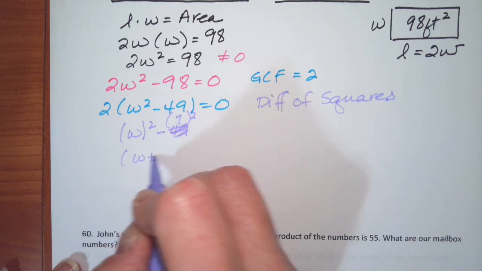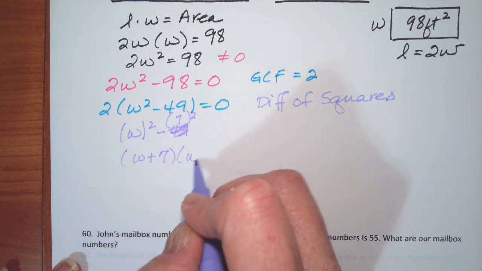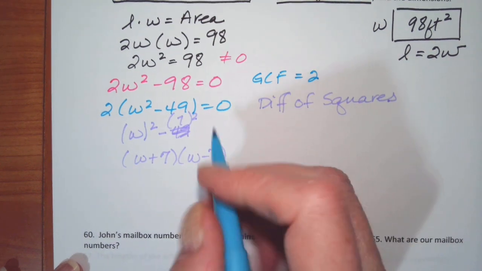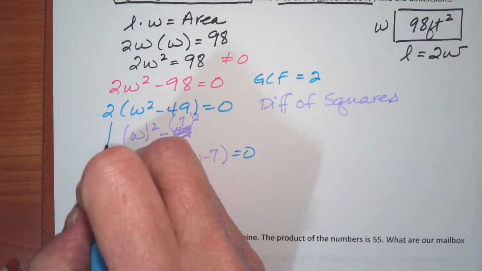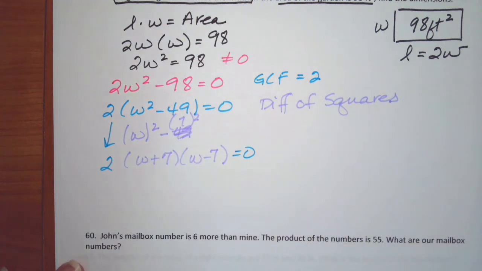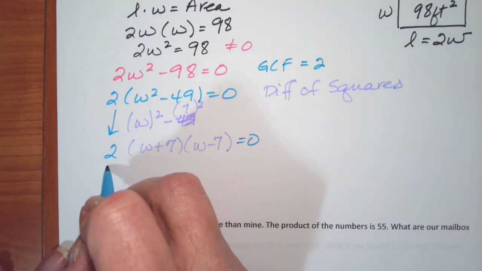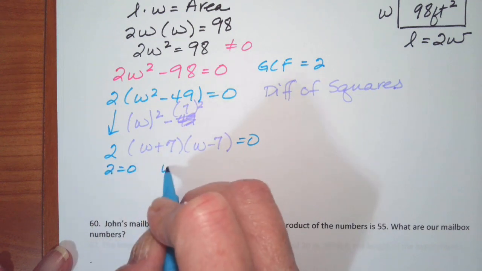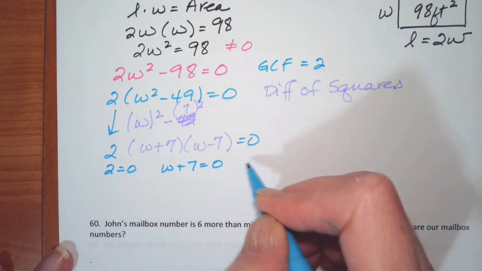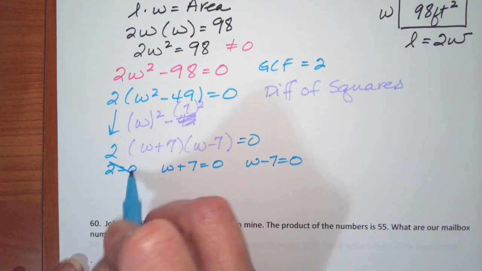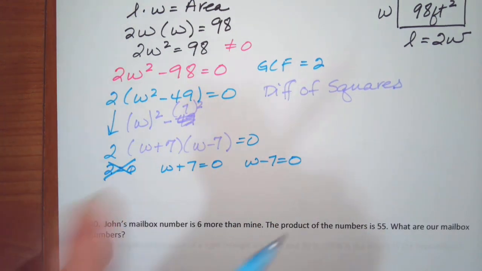So this becomes W plus 7 times W minus 7, and the whole thing is equal to 0, and I want to include the 2. Okay, well, now I can set up 2 equals 0, W plus 7 equals 0, or W minus 7 equals 0. 2 can never equal 0.